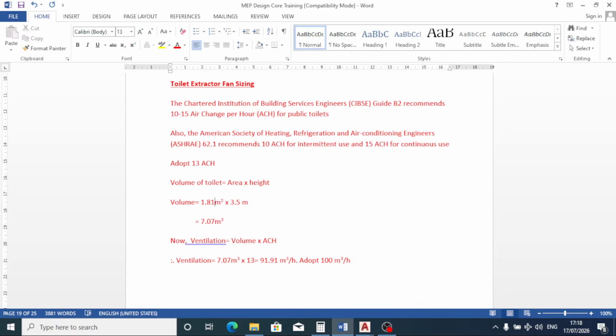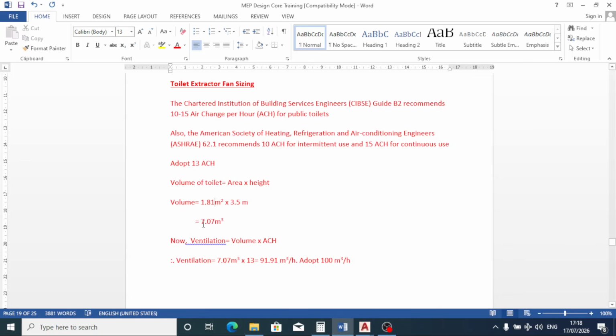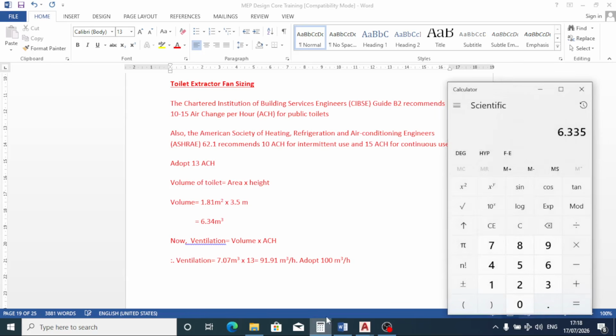.81 volume is 6.3 meter cube, right? 6.34. Okay, let's use it like that.